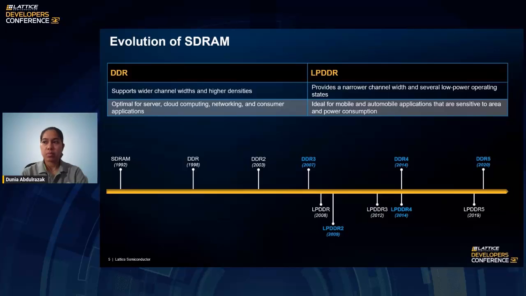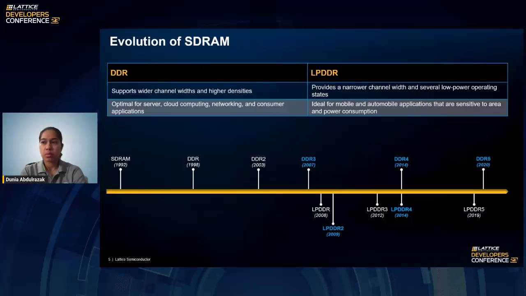Taking a look at this table, you can see that DDR typically supports wider channel widths and higher densities compared to LPDDR. This makes the DDR technology optimal for high-performance applications such as servers, cloud computing, and more. LPDDR, on the other hand, has a narrower channel width but offers several power-saving features, which makes it ideal for mobile and automobile applications.